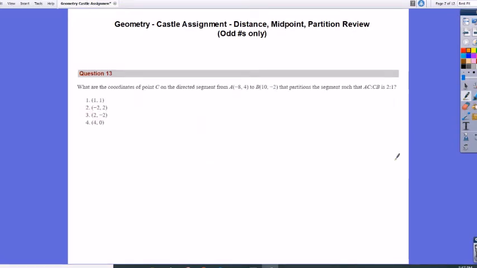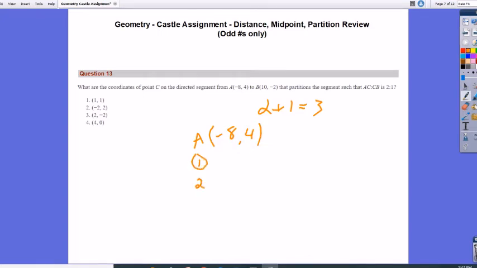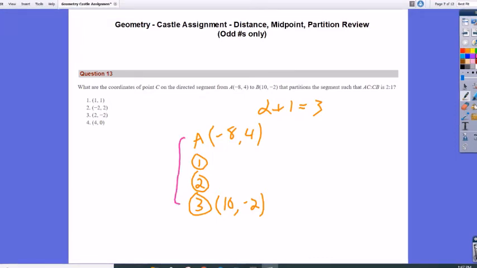Number 13, we want to partition AC to CB so that it's 2 to 1. Well, 2 plus 1 is 3. So we're going to have 3 total sections. So starting with A, we have negative 8, 4. Then 1, 2. Then the third section ends at the other endpoint 10, negative 2. All right, so again, thinking 3 sections, negative 8 to 10 is up 18.